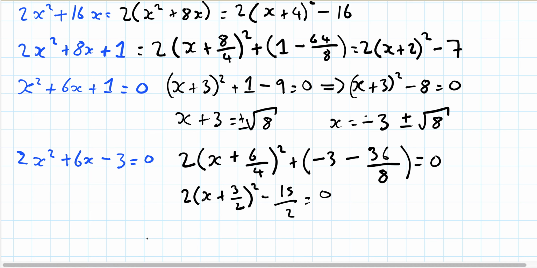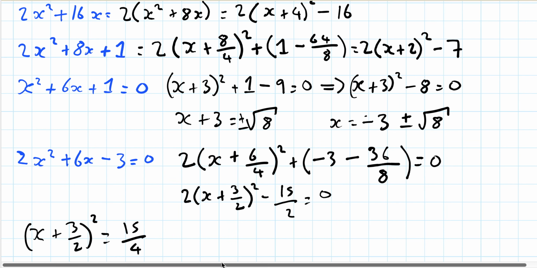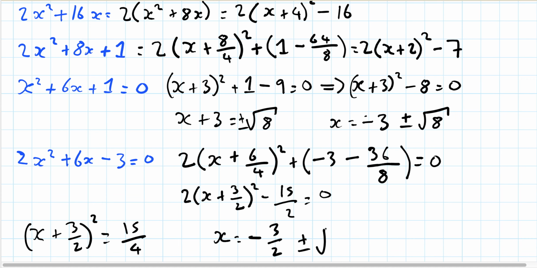So we'll have x plus 3 over 2 all squared equals 15 over 4, and then we square root that. So x equals minus 3 over 2 plus and minus square root 15 over 4. So I've taken the square root over and then taken the plus 3 over 2 over.